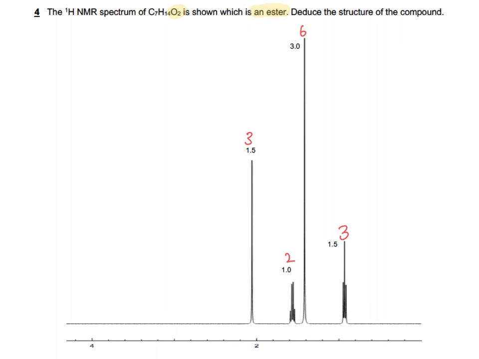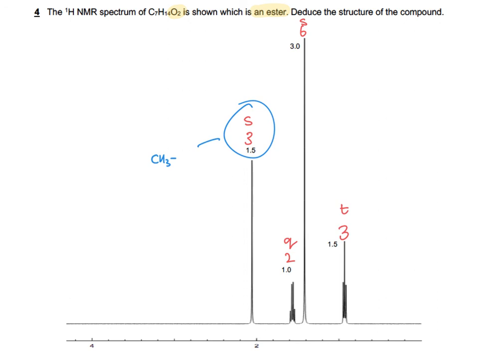Splitting patterns: we have a singlet, a quartet, a singlet, and a triplet. So again, as we've done before, straight away that tells me that that is a CH3, and it is attached to something which is either a carbonyl or an oxygen or a carbon with no hydrogens attached to it.